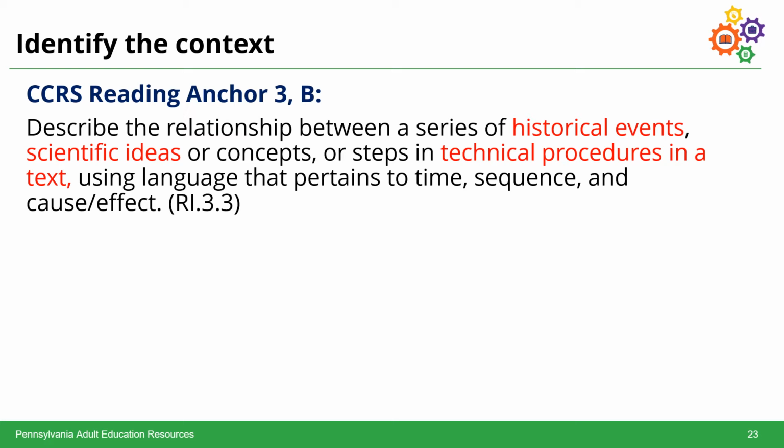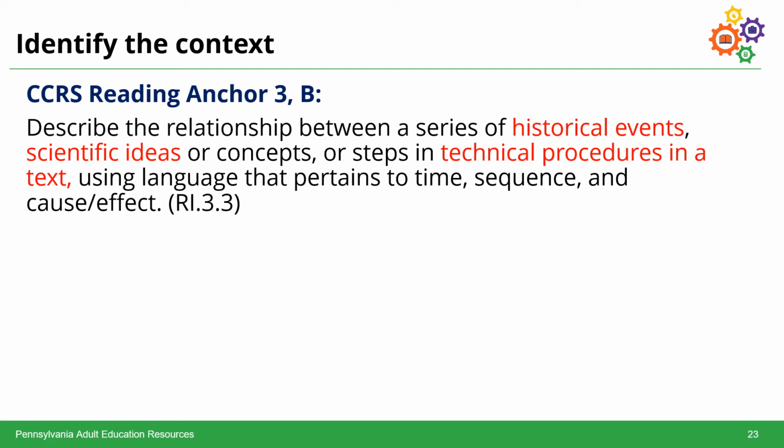In this reading standard, we identified 3 contexts. 1. Students are required to describe the relationship between a series of historical events. Historical events are the context in which the students need to use the skill of describing a relationship.